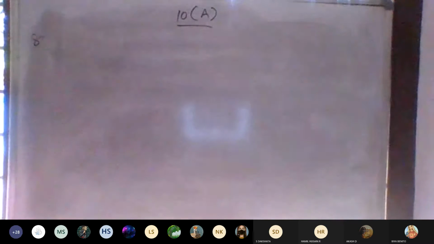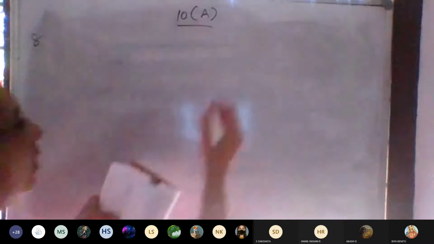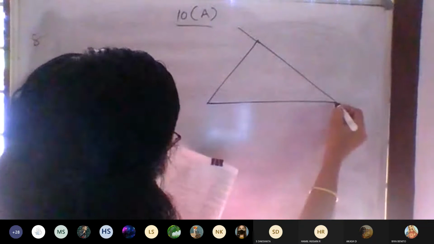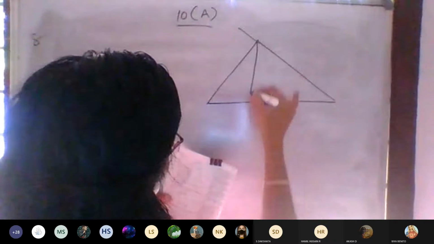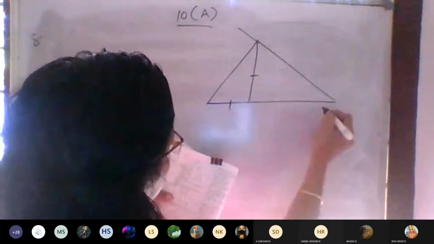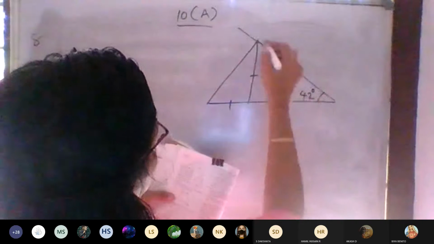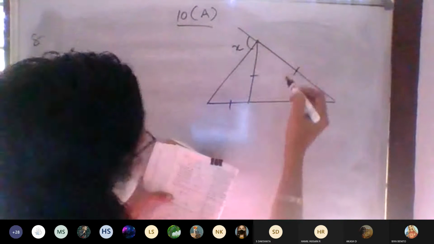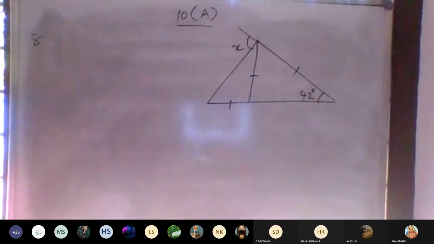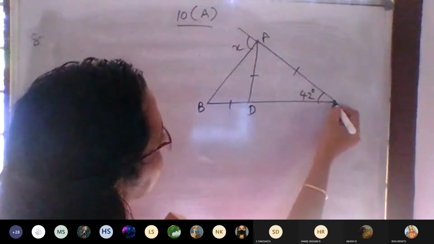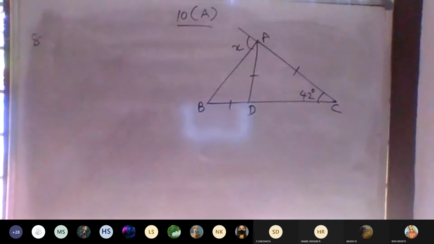Find x. To find out x, for our convenience we mark the points as A, B, C, D. So what are the things given?